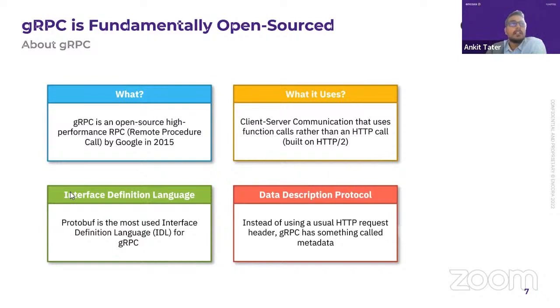Okay. And then interface definition language, right? So for example, REST, we are using JSON for the communication protocol. We can use XML too, but in case of gRPC, we are using Protobuffer. It's been developed by Google, and it's being used as an interface definition language for gRPC.